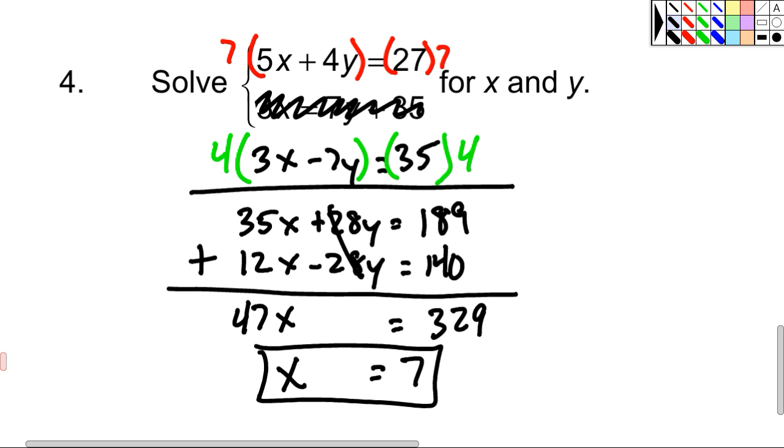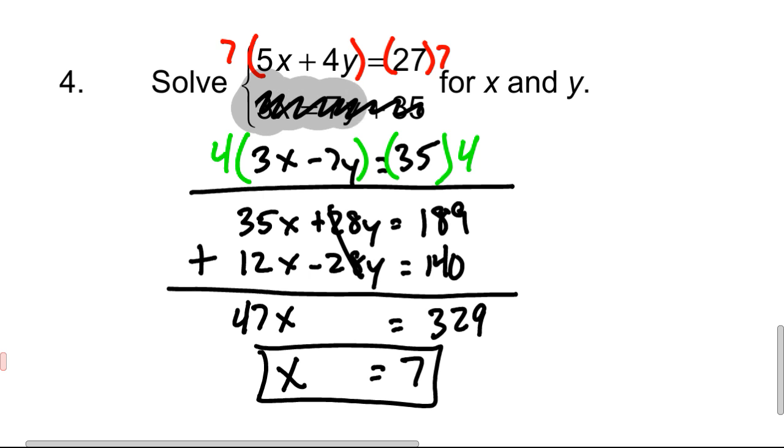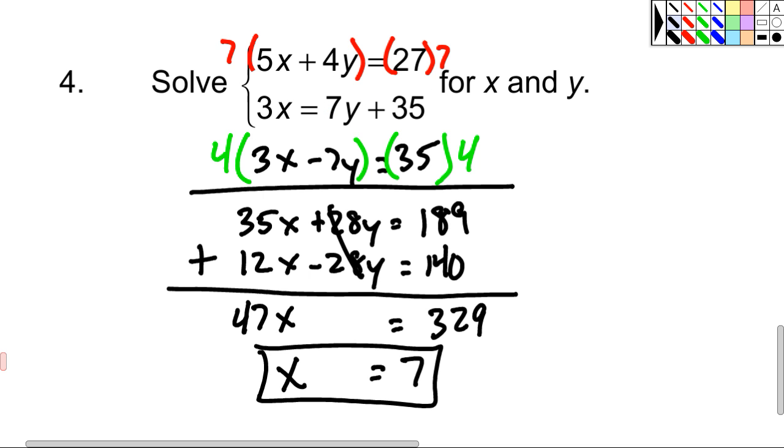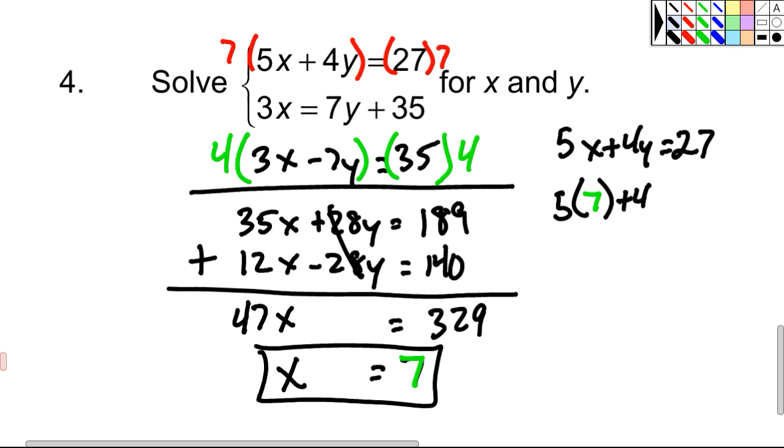And then you just got to go back and plug it in to either of the original equations. It really doesn't matter. So let's do the first one. 5x plus 4y equals 27. We know what x is, that's 7. So I'm going to do 5 times this 7 right here plus 4y equals 27.